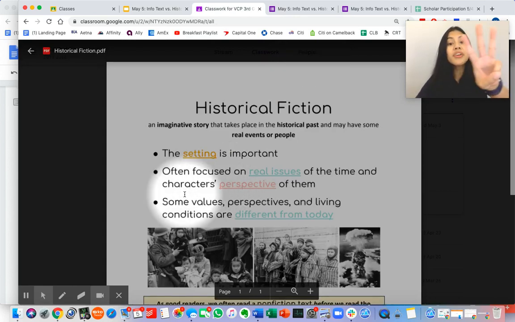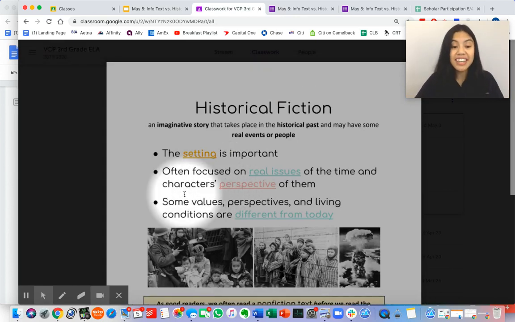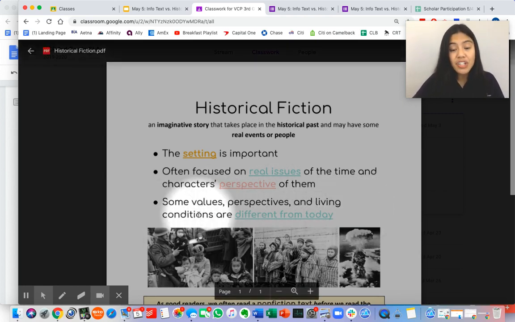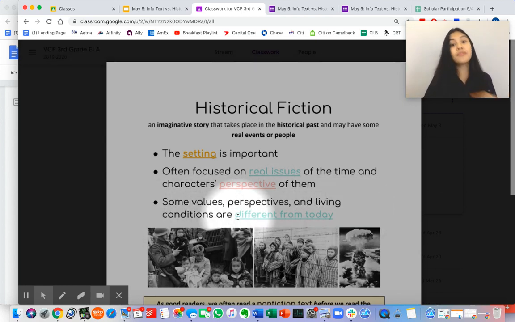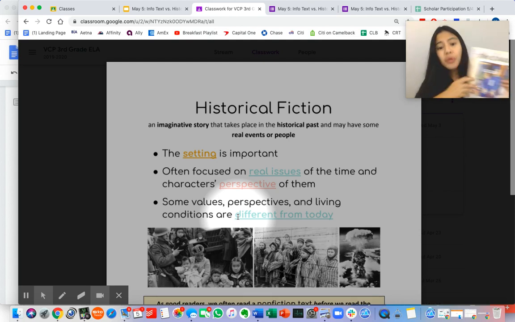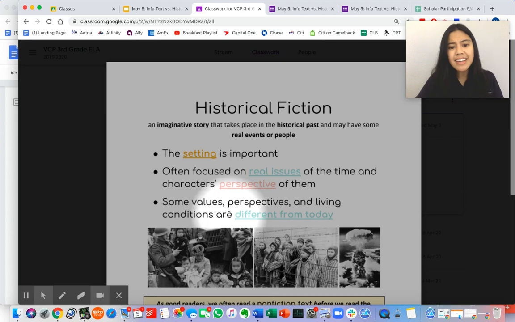My third characteristic of historical fiction is that some values, perspectives, and living conditions are different from today. ELA Masters, in a lot of your reflections and predictions yesterday about the book that we'll be reading, you all had some really smart ideas and used your own schema about what you know from today. One scholar wrote that Japan is actually a peaceful country, and that is true today.